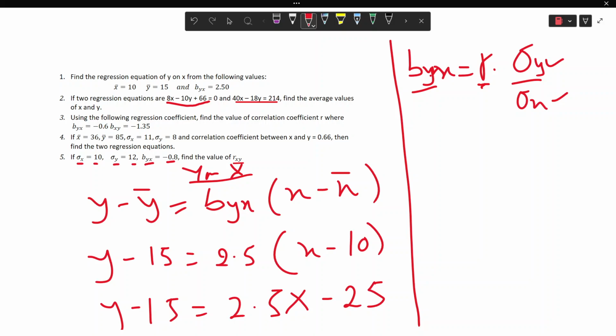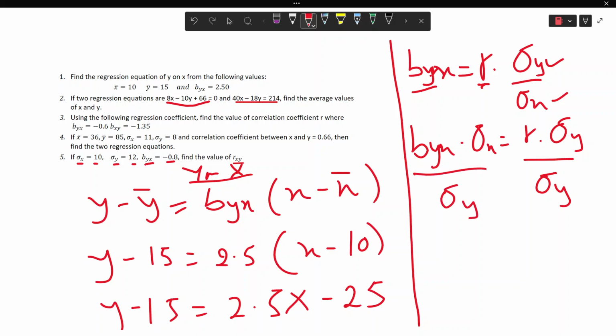Now we have the regression coefficient y on x multiplied by standard deviation of x equal to r times standard deviation of y. We divide both sides by standard deviation of y. So your r becomes the regression coefficient y on x times standard deviation of x over standard deviation of y.